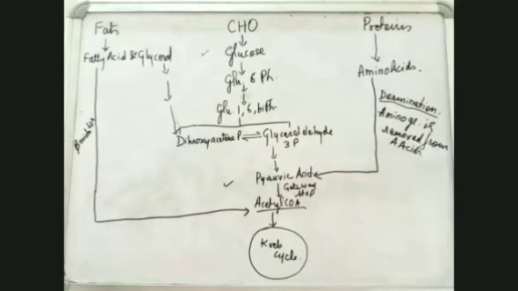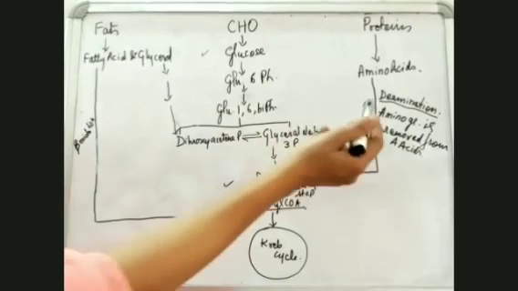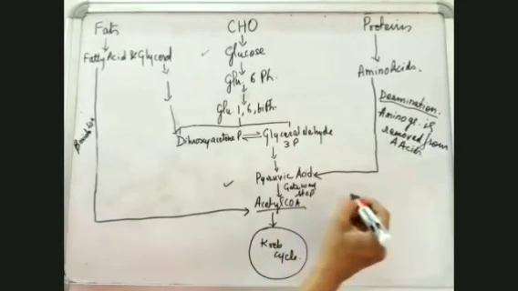At the same time, the biomolecules are broken down by various processes, deamination, beta oxidation, and here also they are broken down, and finally they release energy. So some destruction is also taking place. Because of that destruction, we call it catabolism.